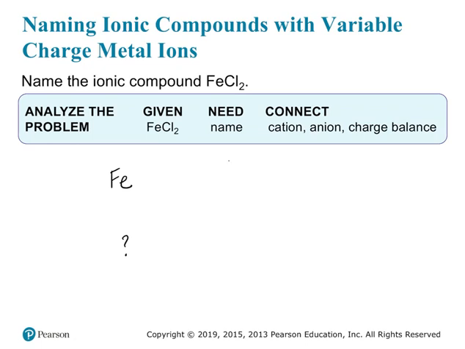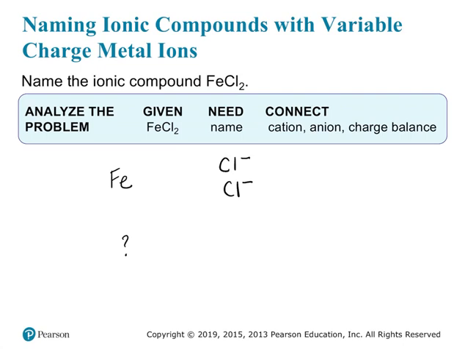And then we also have 2 chloride ions. And what is the charge on chloride always? So remember, chlorine is in group 7A, so it would have a -1 charge.